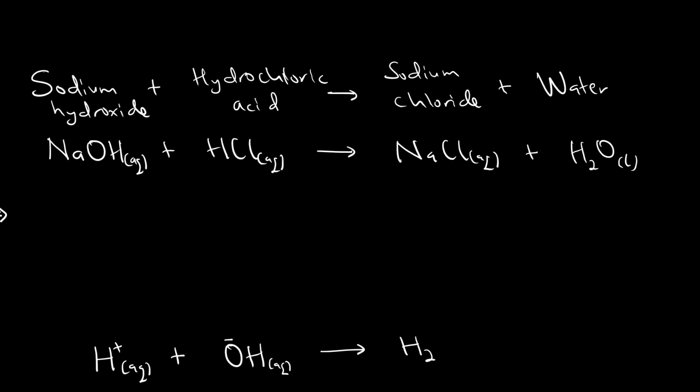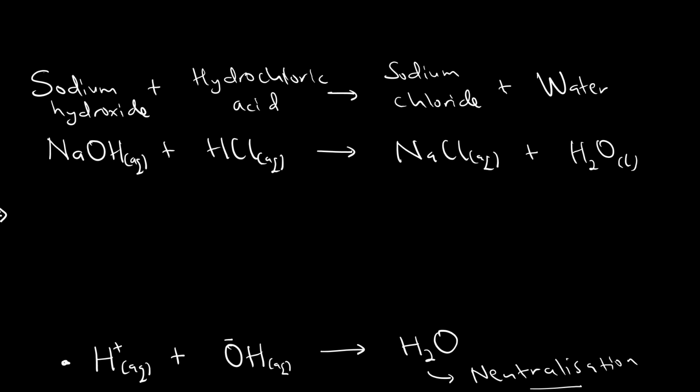So this is the net ionic equation for acid-base reactions to produce water. That's why it's also called the neutralization reaction, because water is formed and it's neutral. So we tend to neutralize the acids with the base.